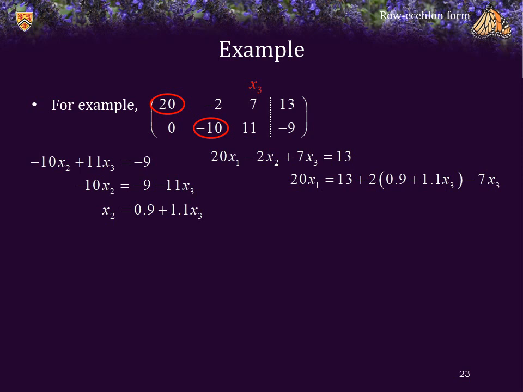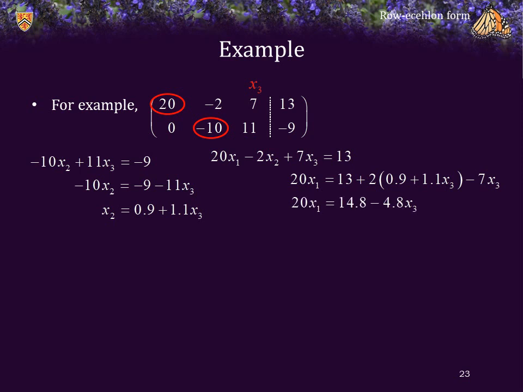Alright, 13 plus 2 times 0.9 is 14.8, and negative 7x3 plus 2.2 times x3 is equal to negative 4.8x3.